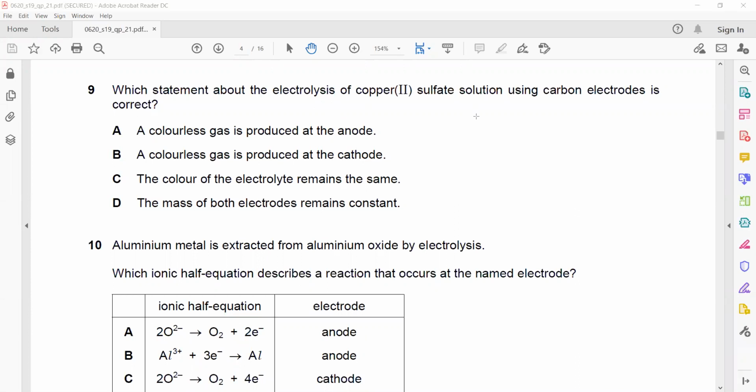When you do electrolysis of copper sulfate solution using carbon or inert electrodes, copper ions from the electrolyte, because they are less reactive, will move towards the cathode. Hydrogen will remain in the solution. Sulfate, because of its size, does not move, and hydroxide, when it moves, will give oxygen gas. So copper is deposited at the cathode and oxygen is given at the anode.